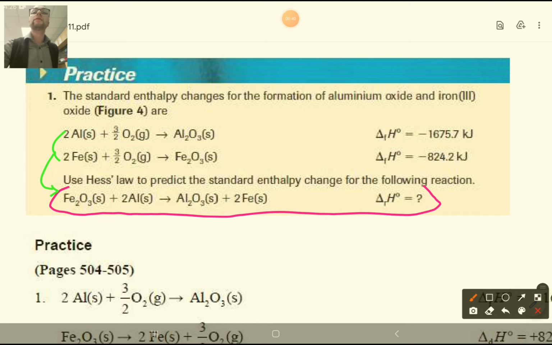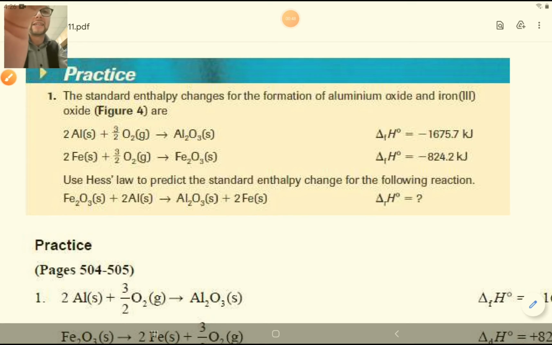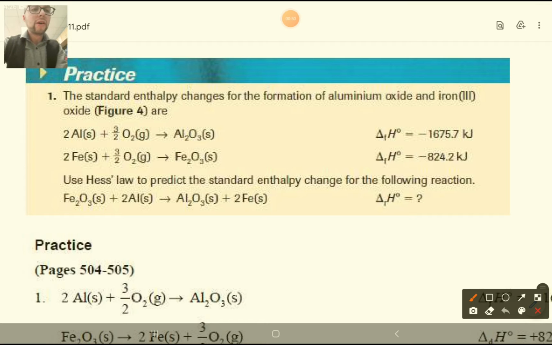Okay? So, the first thing that we're going to do is prove the products, because I always find that that's the easiest way to go about it. So we'll start off with 2 moles of Fe. Now when we look at these equations, only this previous experiment has 2 moles of Fe, but it's in the wrong place.